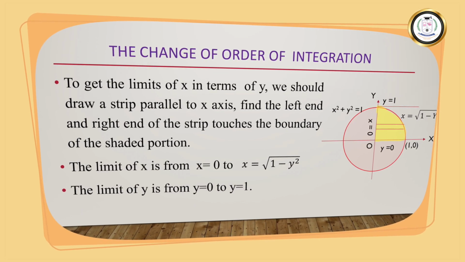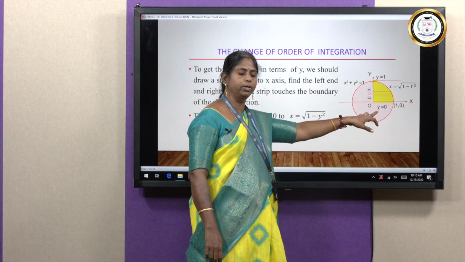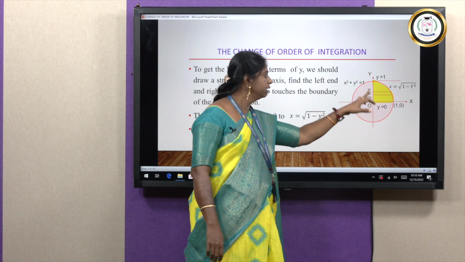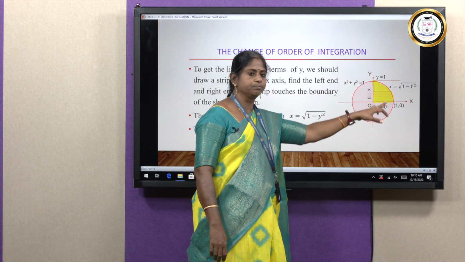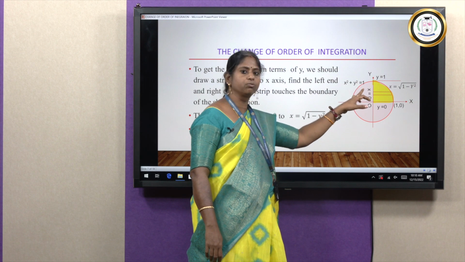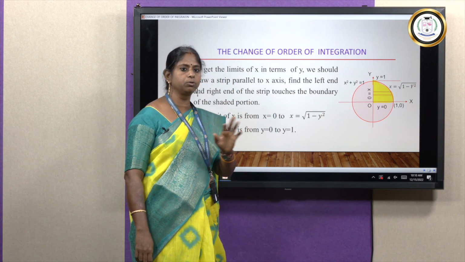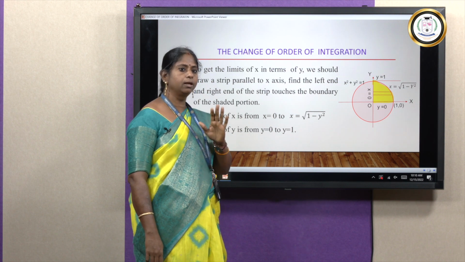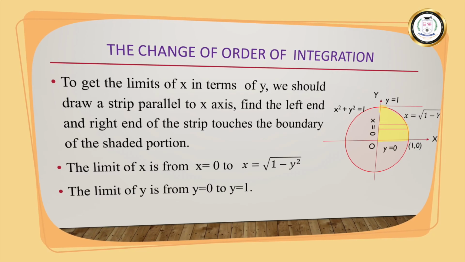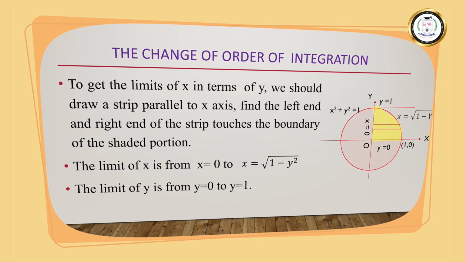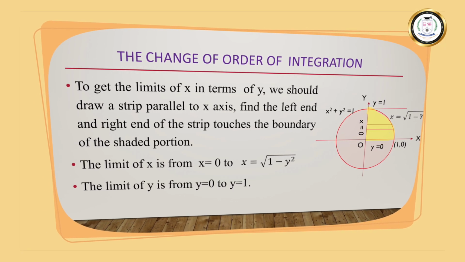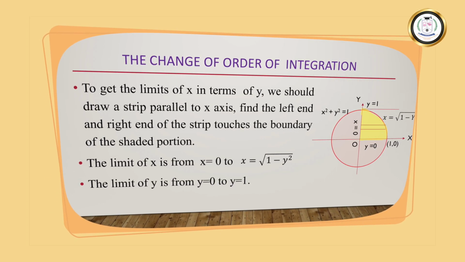So y equal to 0 is the lower limit. The upper limit is where it touches the circle x square plus y square equal to 1. From that you know y is equal to square root of 1 minus x square, and it is the positive quadrant of the xy plane. So positive side means you will take only this region.